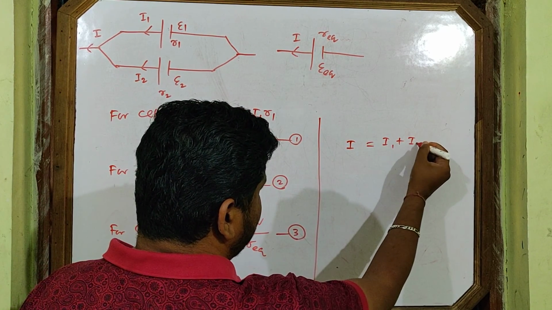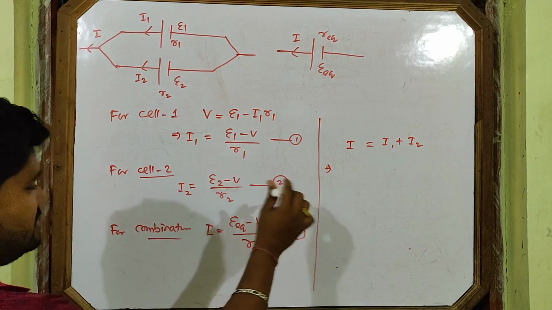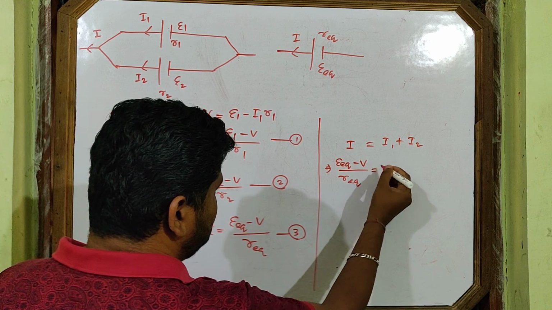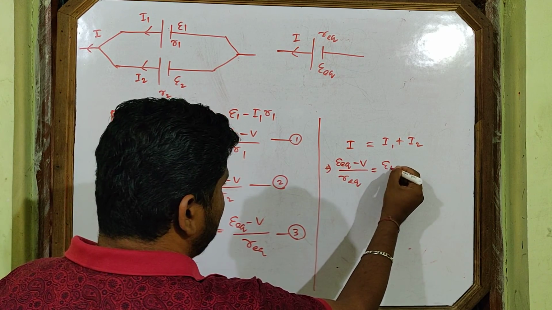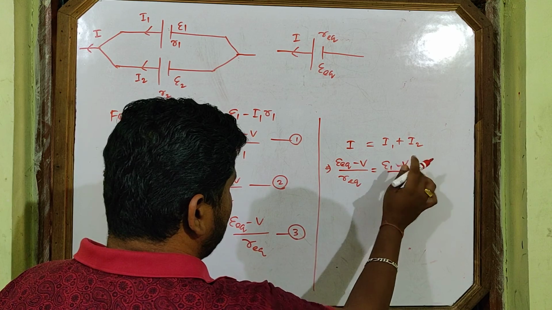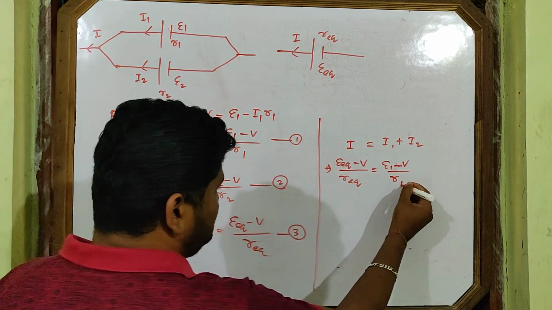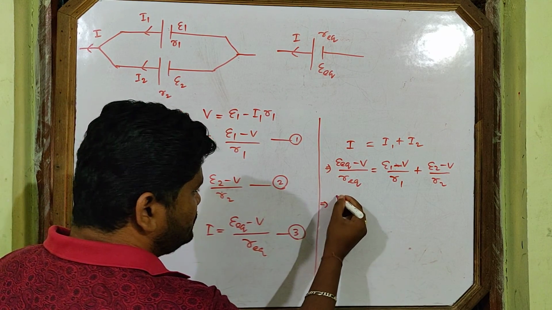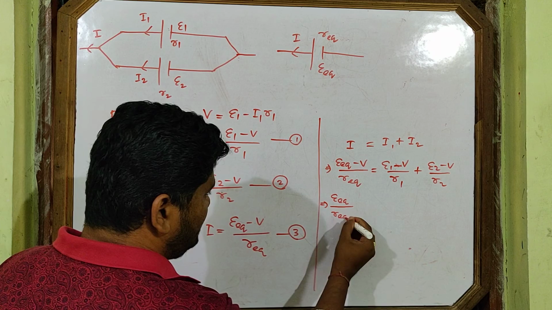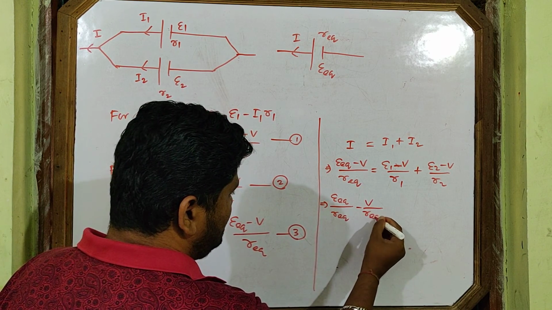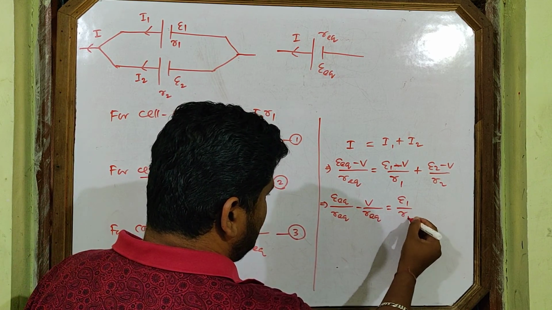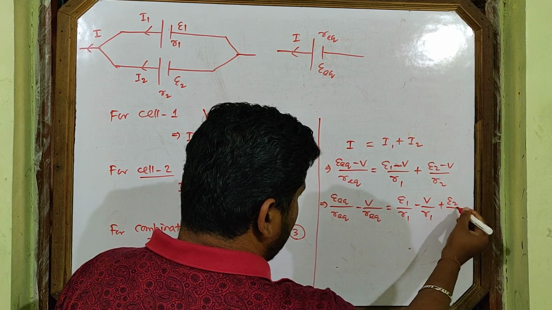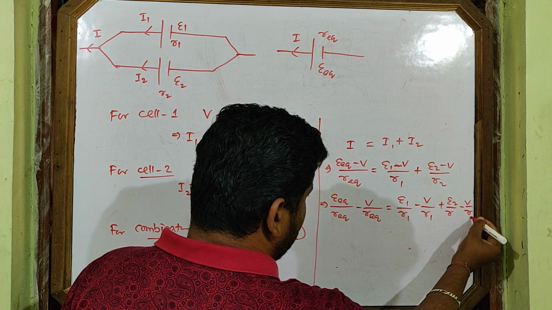What is I? E equivalent minus V by R equivalent. I1 is E1 minus V by R1 plus E2 minus V by R2. So E equivalent by R equivalent minus V by R equivalent equals E1 by R1 minus V by R1 plus E2 by R2 minus V by R2.